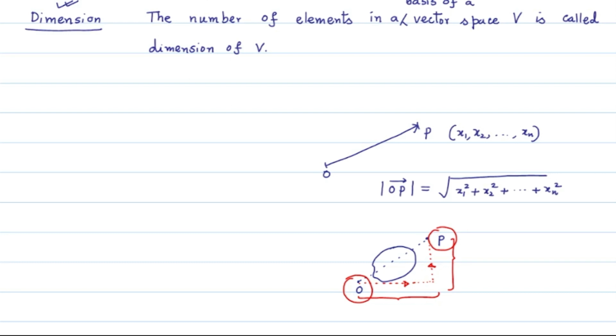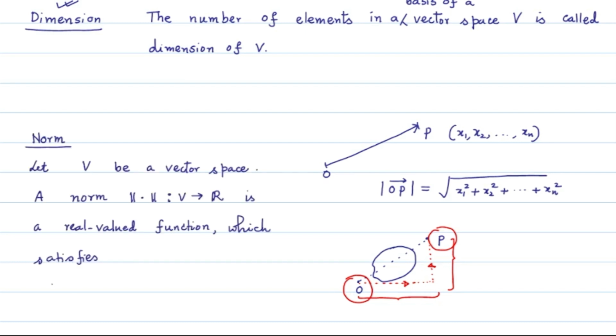Mathematically, norm is a non-negative function defined on a vector space V which satisfies the following properties. The first, that norm of any vector x is a non-negative quantity. Norm of a vector is equal to 0 if and only if the vector is the null vector.